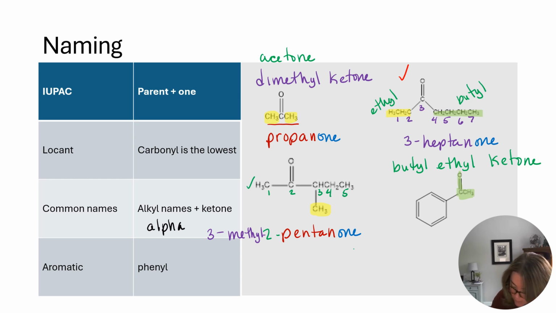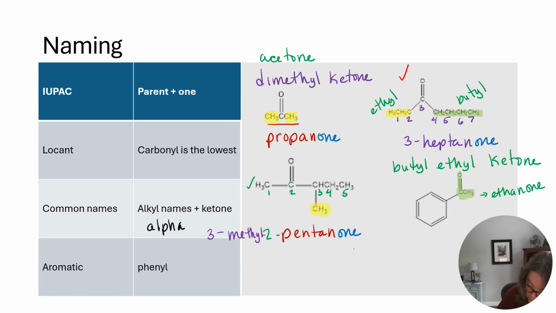So here I have a 2-carbon ketone. That is going to give me an ethanone. My carbonyl is on that first carbon of the ethanone, and so is my phenol.